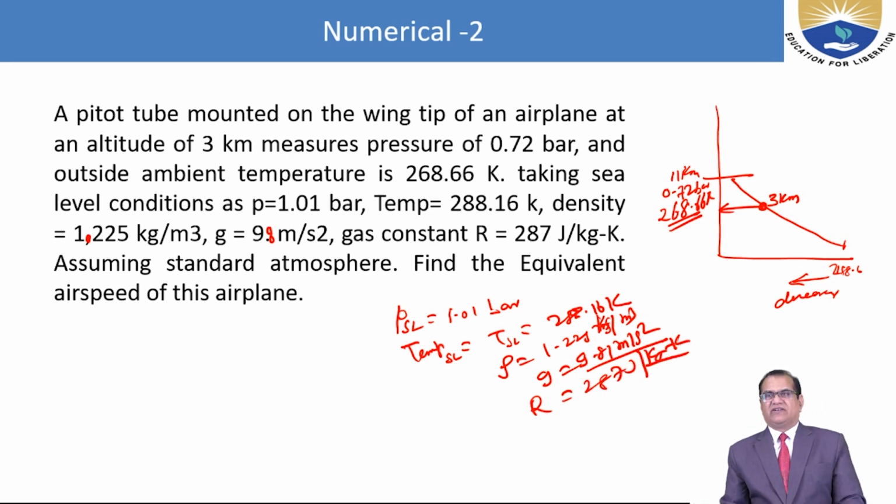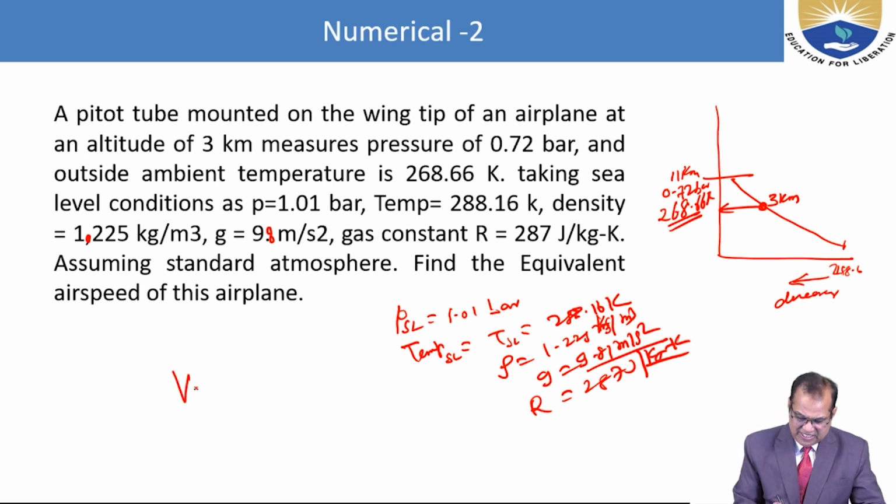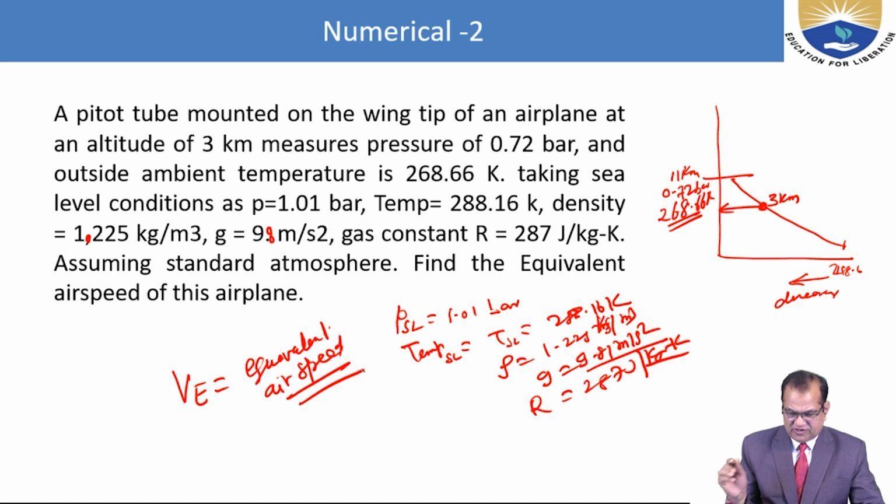These are given. So we have to find out VE, the equivalent air speed. This is also from the GATE examination, and we'll see in the next slide how to go ahead.